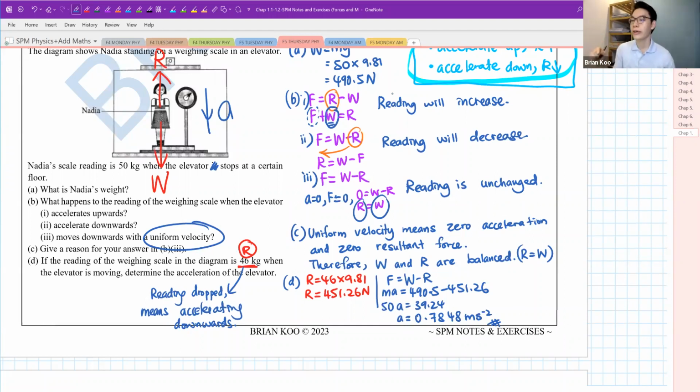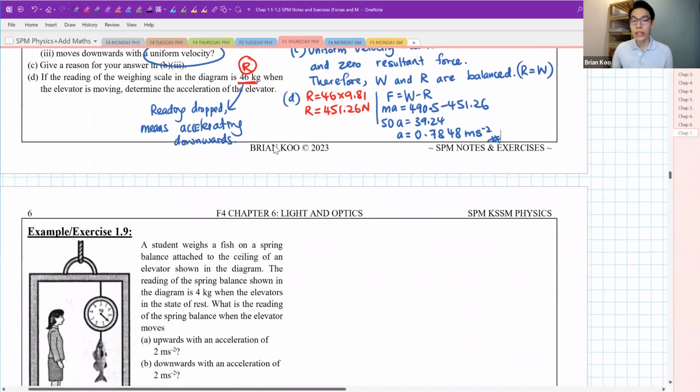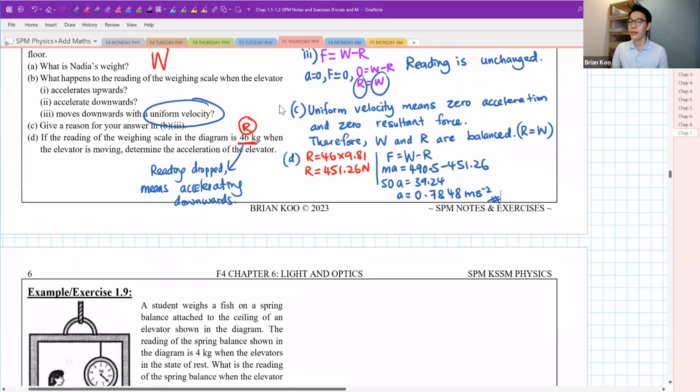Just move 50 over to the other side. Remember, F is always equals to MA. The weight already found in part A. The R we also found already, 451.26 newtons. You don't need to memorize, you just need to know how to write if it's going down or going up. Okay?